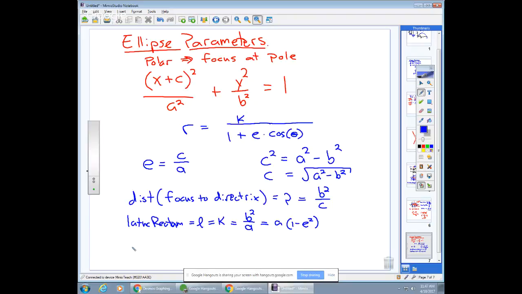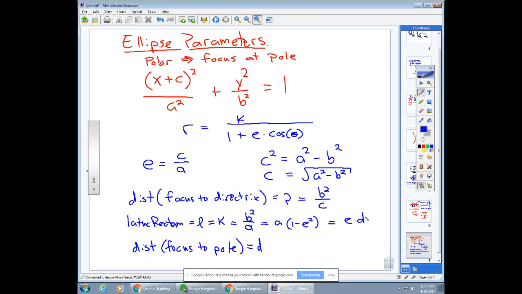There's another distance that we'll see sometimes, the distance from a focus to a pole. That's usually given the letter d. And if we consider that, then yet another way to refer to the latus rectum, which is the numerator of my polar thing, that's why it's so popular, is the eccentricity times that distance from the focus to the pole.